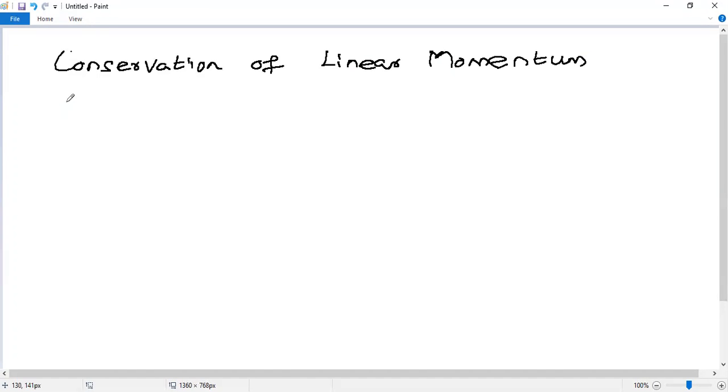Conservation of linear momentum and velocity of center of mass.